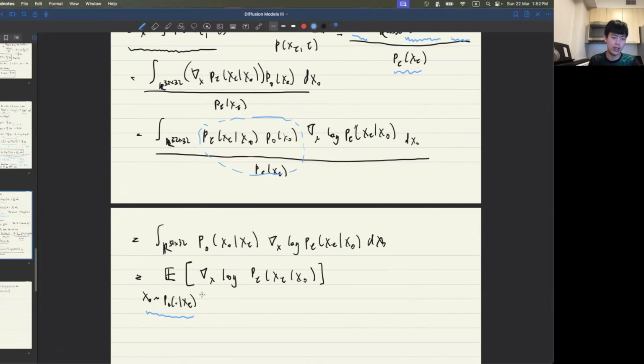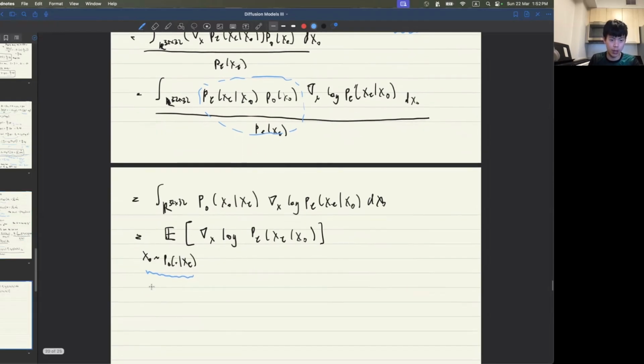So the true score is equal to the expectation of the conditional score. So let me just write it down. The true score at time t is the posterior expectation of the conditional score at time t.